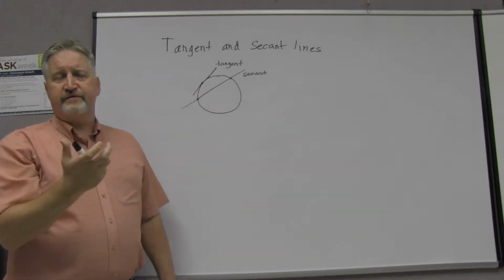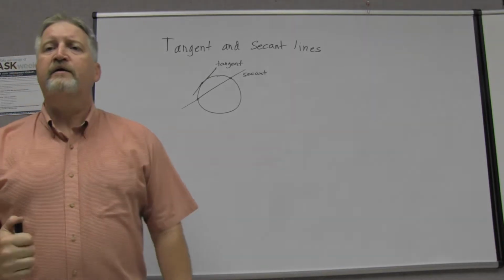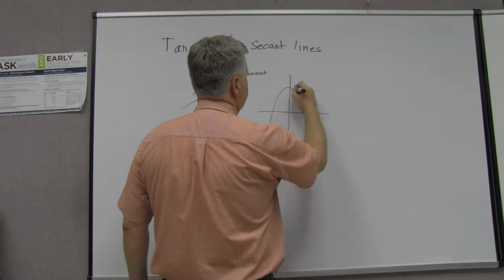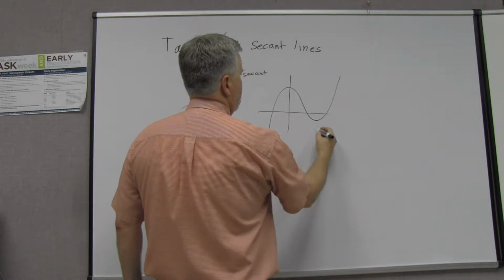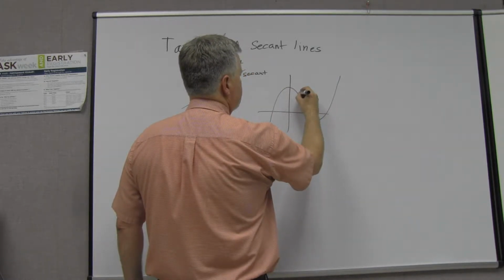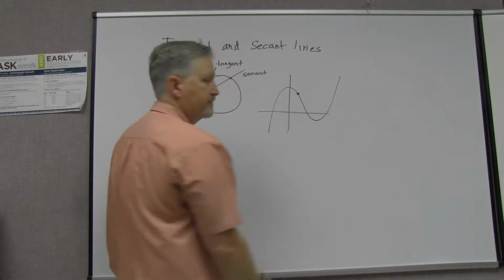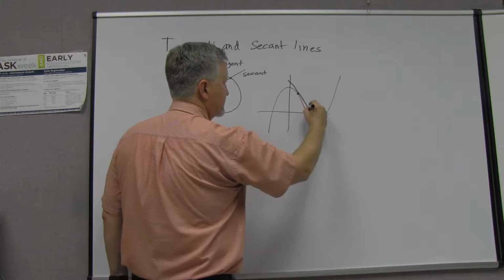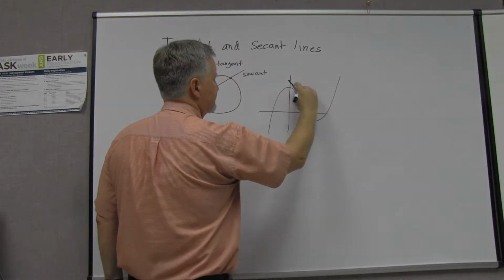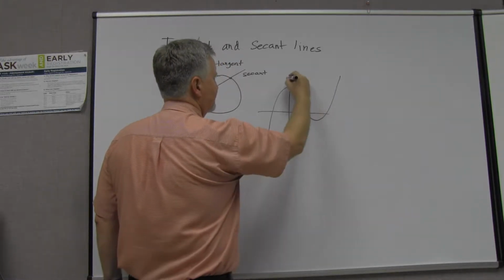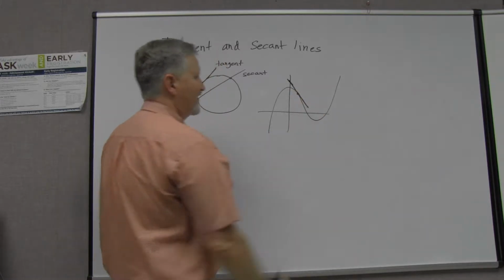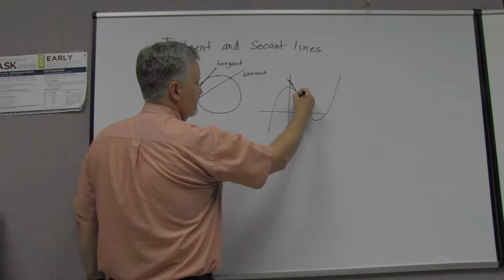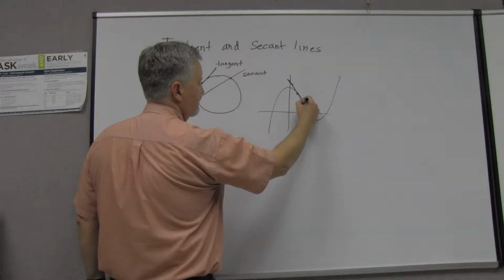And the idea is that we're talking more close by. So if I've got a function here, and I want a tangent line at that point, the tangent line comes in and just touches it. Excuse my missing there. Okay, that would be a tangent at that point, and then a secant at that point would touch the graph in two places.